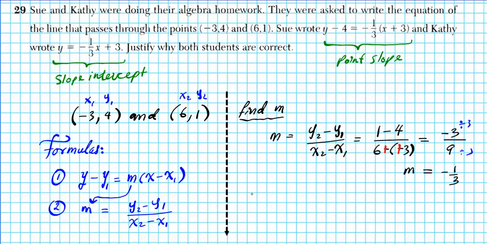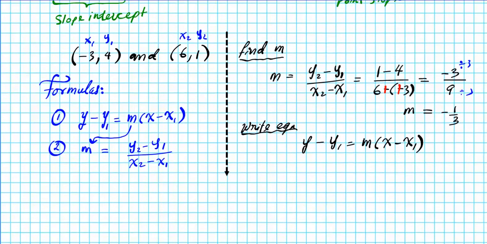All right, now we're ready to write down the equation of the line. We're using the first formula, y minus y1 equals m times (x minus x1). So we have y minus y1, and y1 is 4, equals m, negative 1/3, times x minus x1, minus negative 3.